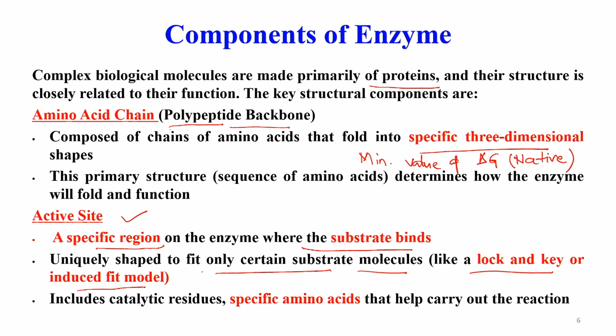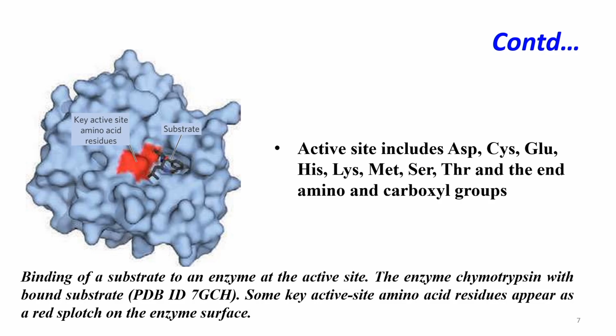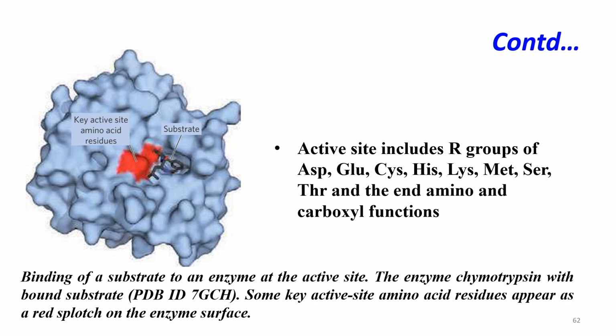So, the active site includes specific amino acids that are helpful to carry out the reaction. If you see next, I have included one example of the enzyme chymotrypsin. You can see in the case of chymotrypsin, the substrate is binding to the active site of the enzyme, and in the active site there are key active amino acid residues.